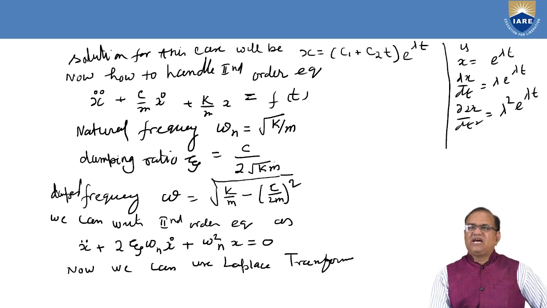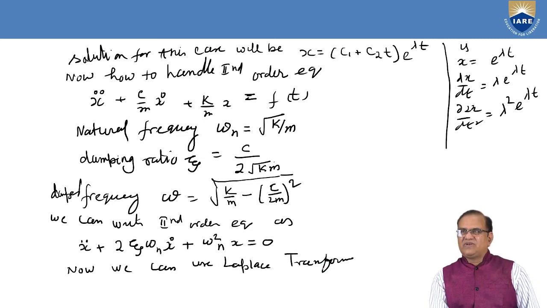Now we can use the Laplace transformation and solve this equation. We know that if x is equal to e to the power lambda t, then dx by dt is equal to lambda e to the power lambda t, and d2x by dt square is equal to lambda square e to the power lambda t. So these are very simple differential equations.